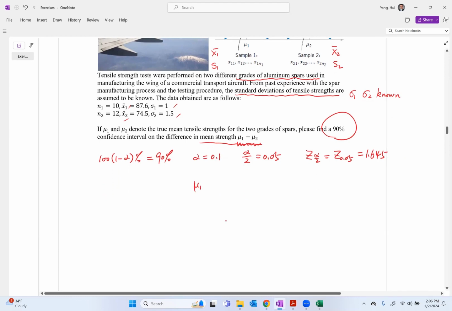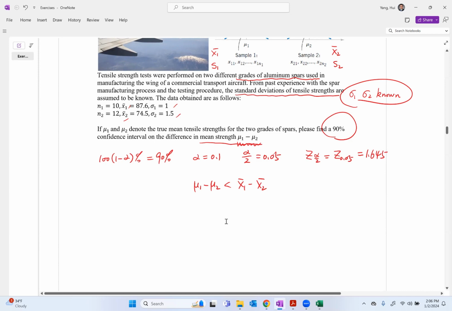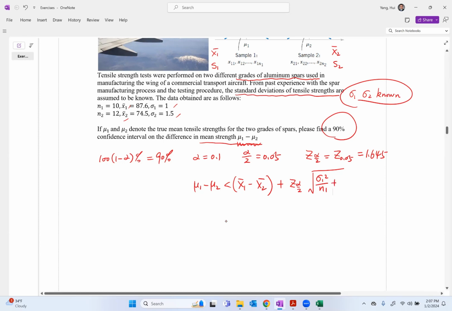Based on the equation, since the population standard deviations and variances are known, mu1 minus mu2 will be less than x1 bar minus x2 bar plus z alpha over 2 times the square root of sigma 1 square over n1 plus sigma 2 square over n2.